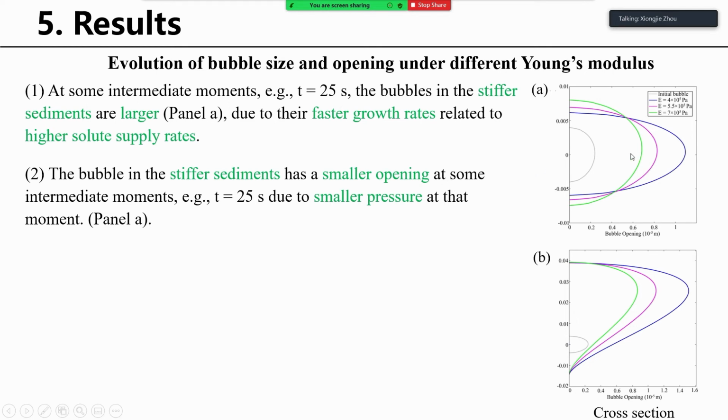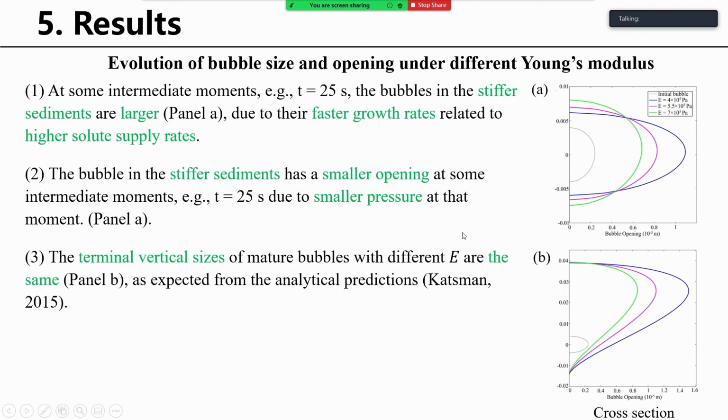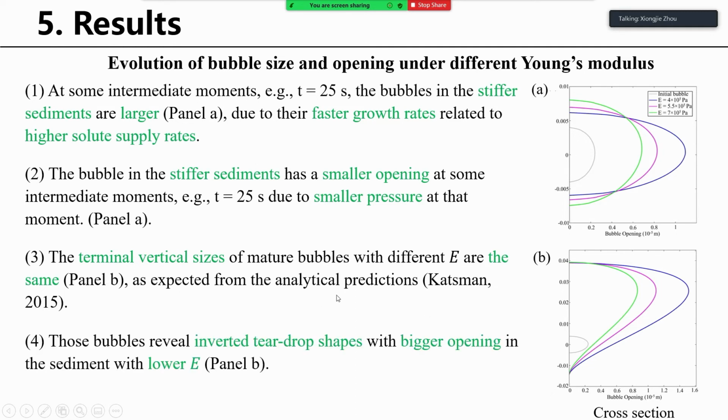We can see the small opening here. The terminal vertical size of mature bulbs with different E are the same here, as expected. Those bulbs reveal vertical teardrop shapes with big opening in the sediments with lower E, here in blue.